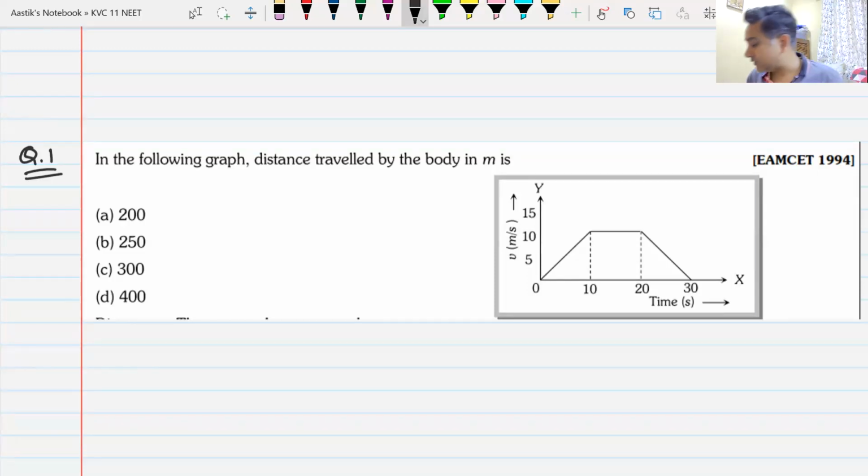Yes, my dear friends, any answers for this one? 1 minute is not the answer. The answer will be distance, so it will be in meters, not in minutes.